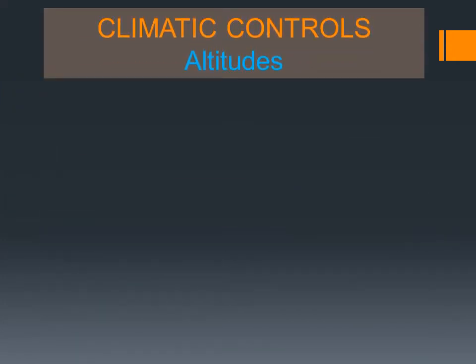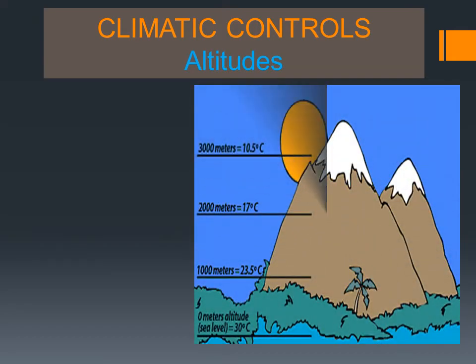Climatic controls. The next criterion is altitude, that is, the height of the land. For example, sea level is considered as 0 meters, and the temperature at sea level is 30 degrees Celsius. When it is 1000 meters it becomes 23.5 degrees Celsius, at 2000 meters it becomes 17 degrees Celsius, and when it reaches 3000 meters it becomes 10.5 degrees Celsius.